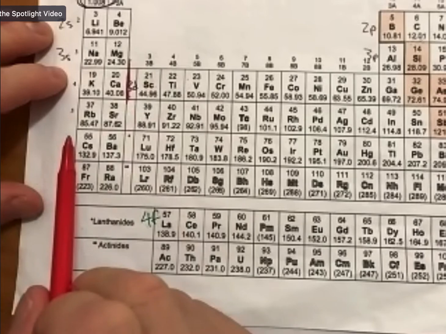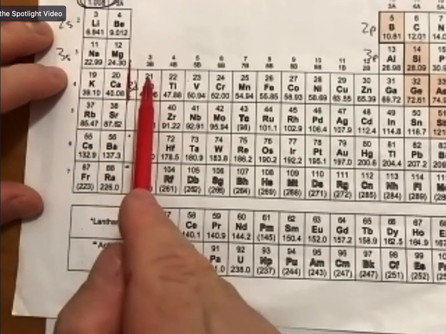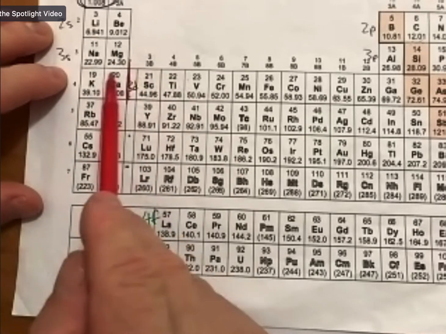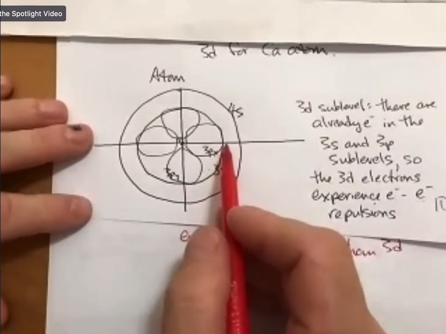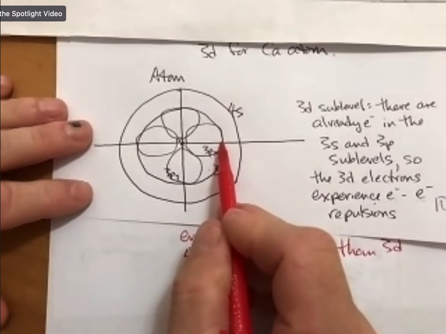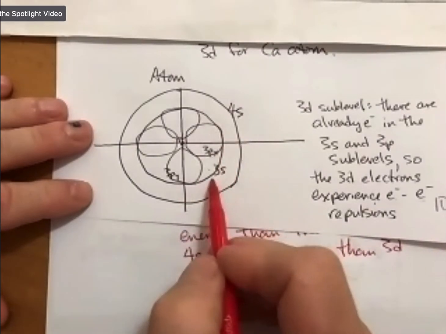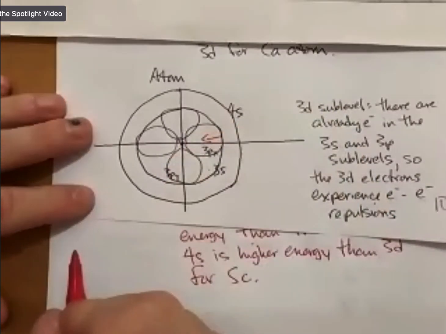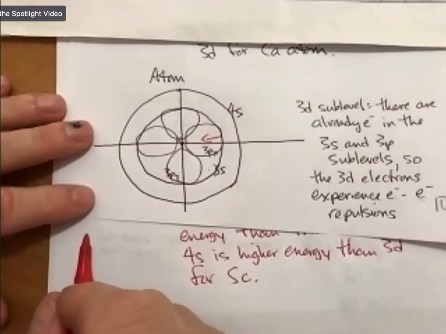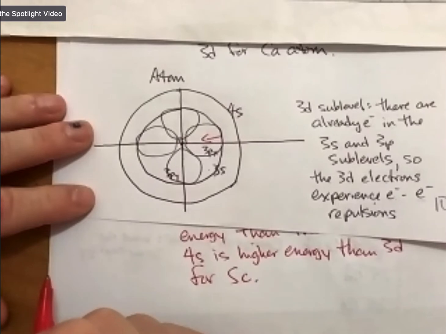It increases. The number of protons increases. Thank you. And when the number of protons increases, the 3D sublevel and all of the n equals 3 sublevel shrinks because it's pulled closer to the nucleus.